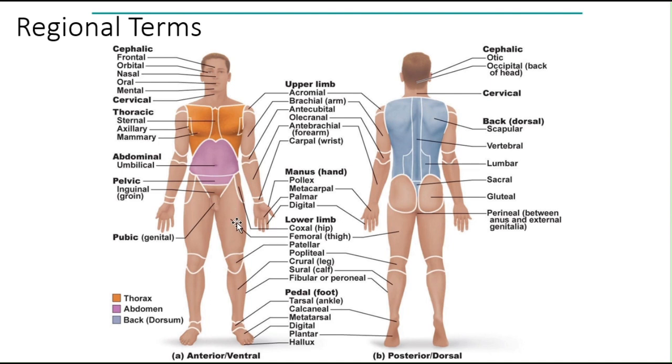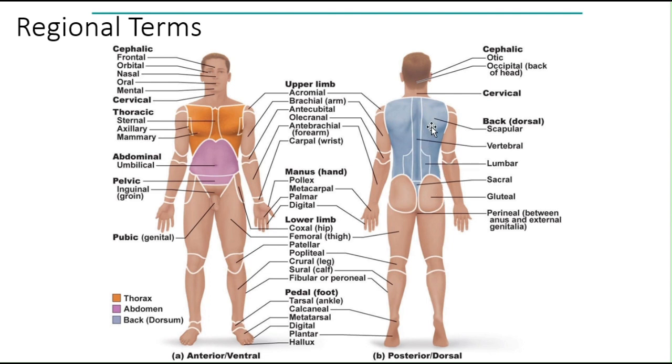The lower limb, we have the femoral region, our knee is called the patellar region because of the patellar bone here, and the leg is called crural. We have another part called tarsal, the ankle is called tarsal, and metatarsal and phalangeal.